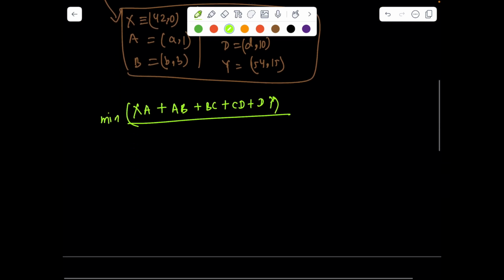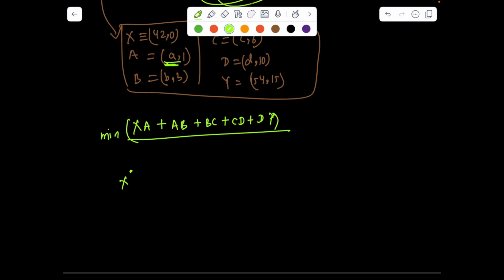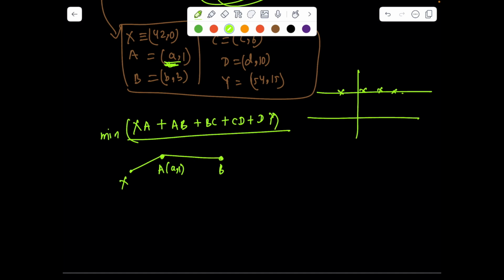Now what is the minimum value of this expression, right? The minimum possible value of the expression: we can see X is a fixed point and A is changing, because A will lie on x equal to a and y equal to 1. It's x is changing and y is fixed. So if I draw a, 1, it will be anywhere on this line, right? So let's call this point A, 1. Similarly, we have a point B over here, which is lying along the y equal to 3 line.